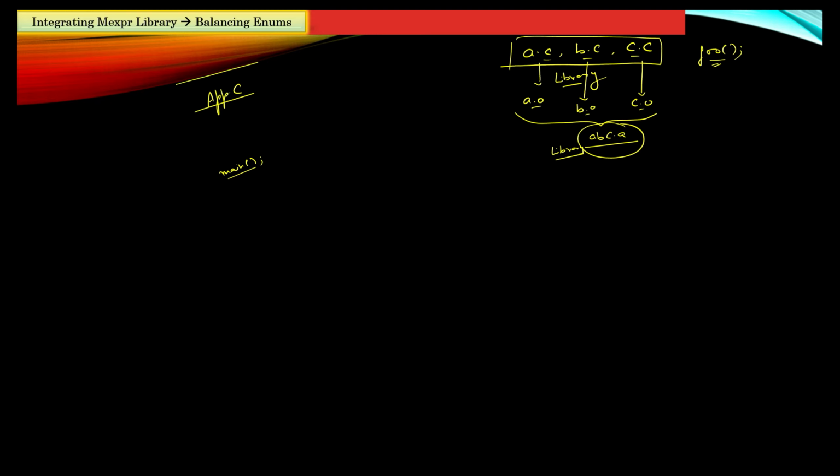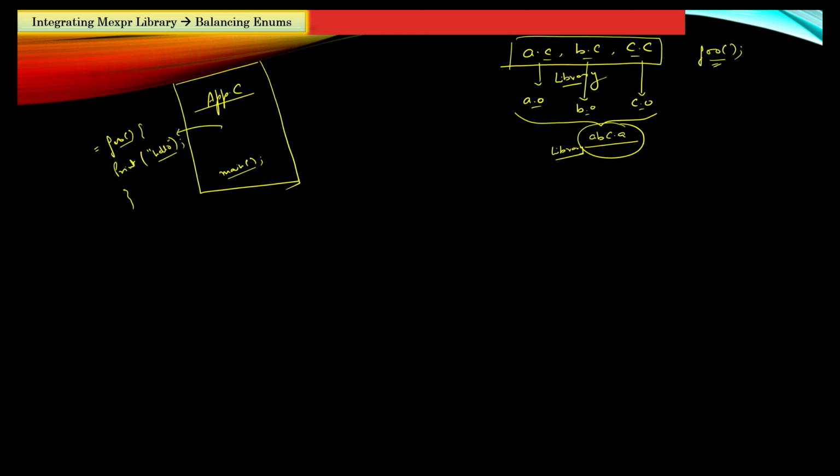Now suppose we have an application app.c, and in this application there is an implementation of the function foo. And let's say this application app.c prints, let's say hello, within this function foo. So function foo has a functionality that it prints hello on the console, as simple as that. So app.c is an application which has the implementation of the function foo.